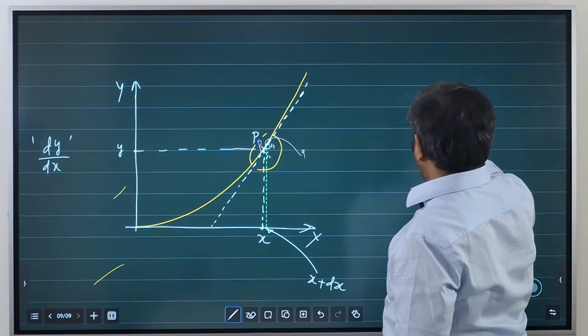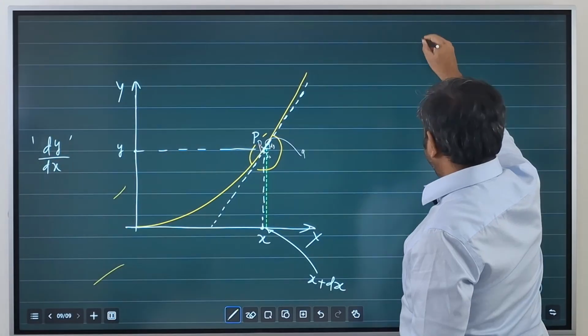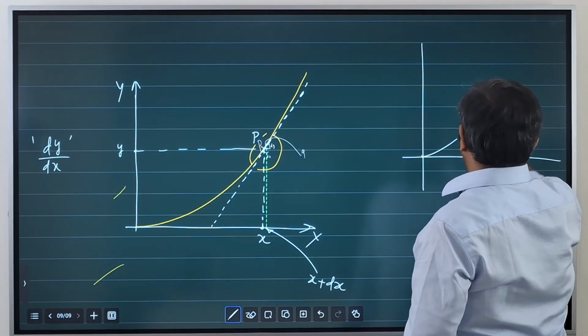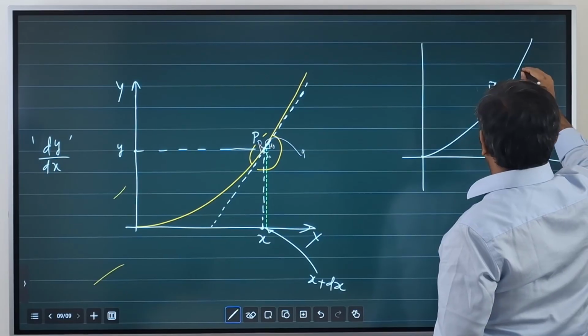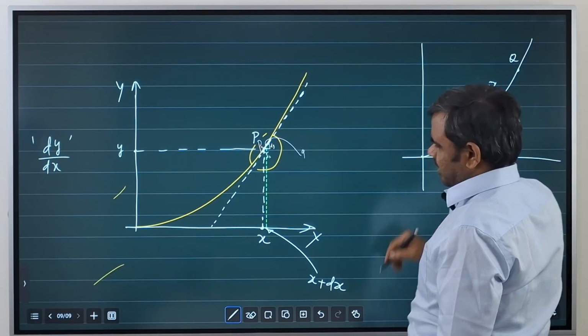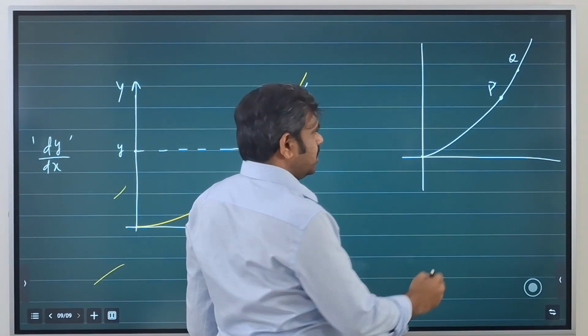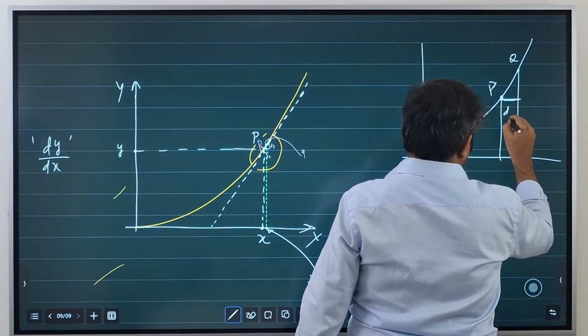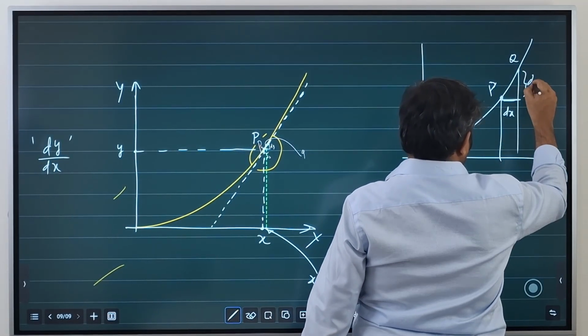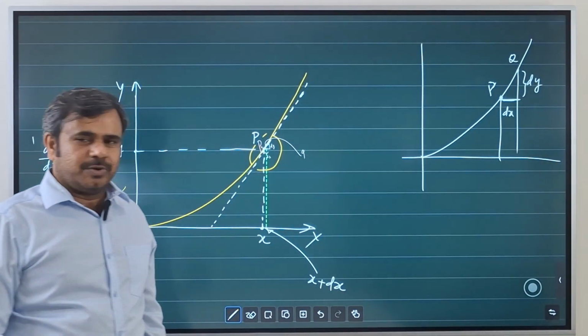So on the graph, you have 2 points P and Q that are very close to each other. The horizontal gap between P and Q is dx, and the vertical gap between P and Q is dy.